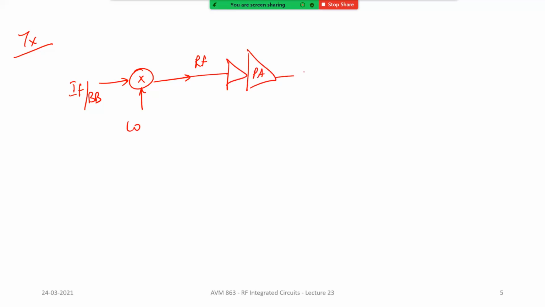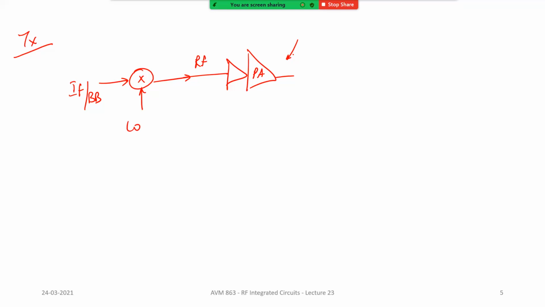Now, what is critical here? Linearity, of course. Compared to the linearity of the power amplifier, the swing at the mixer would typically be lower than what you would get at the power amplifier. But it all depends from system to system; you can never make a blanket statement.